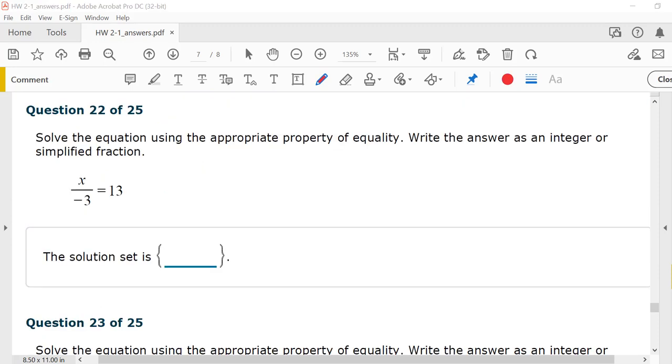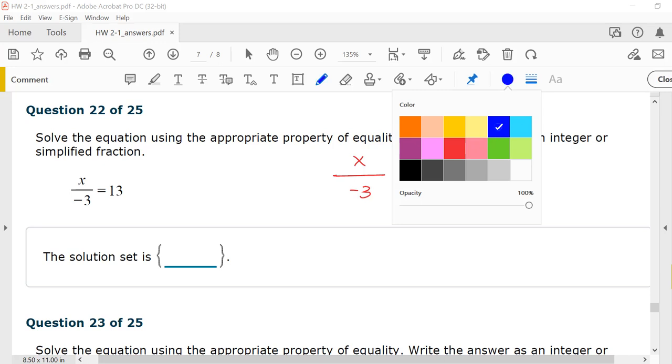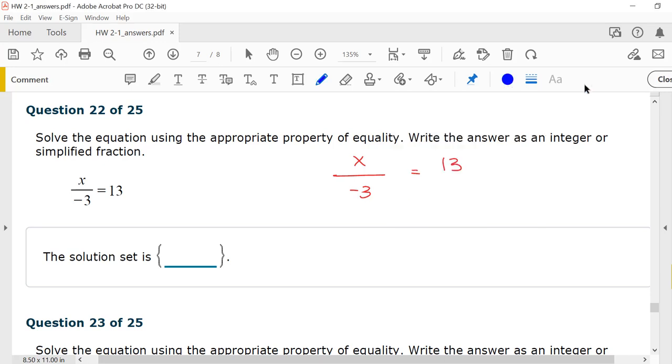For question 22, x divided by negative 3 is equal to 13. To get rid of the divided by negative 3, I need to multiply both sides by negative 3.